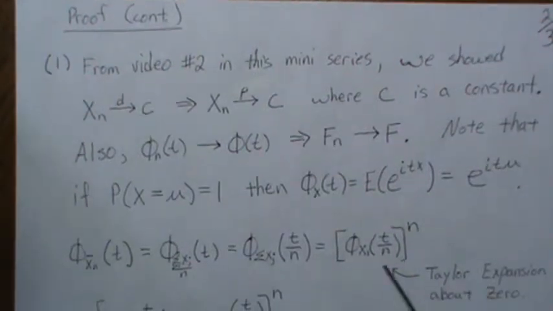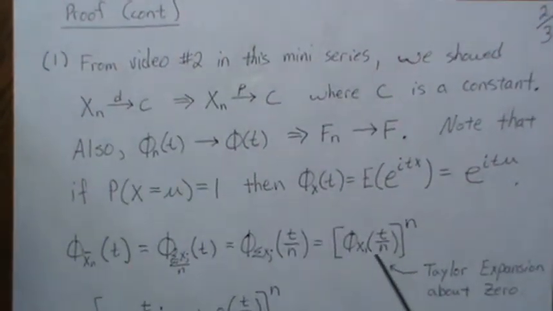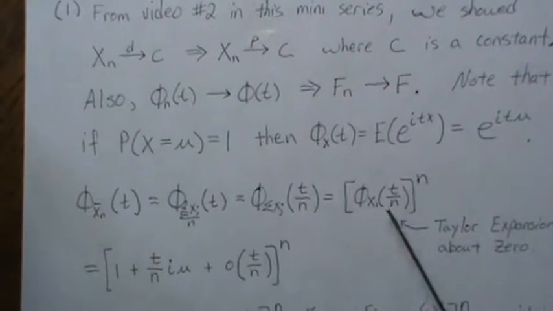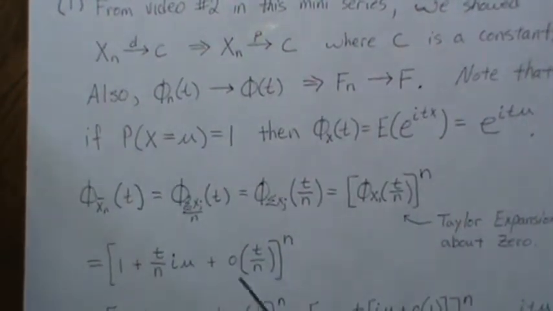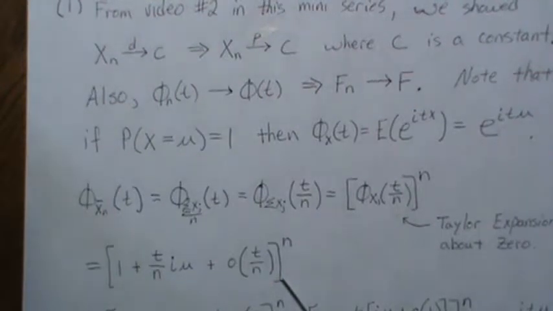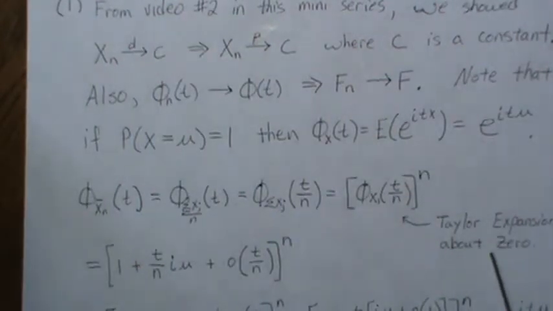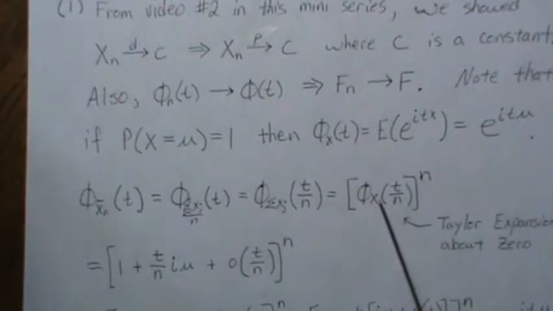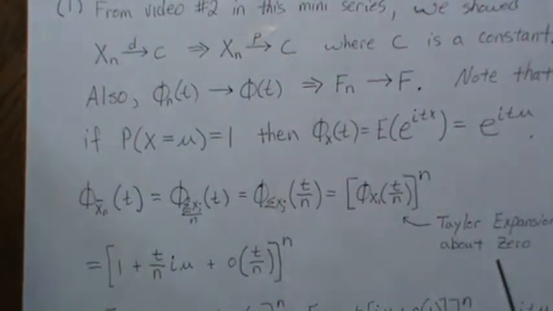Now let's look at a Taylor expansion of just this characteristic function. I'm just going to write down the results from our previous video, number 6 in this mini series, called the central limit theorem, where I go into much more detail about the Taylor expansion of our characteristic function about 0.